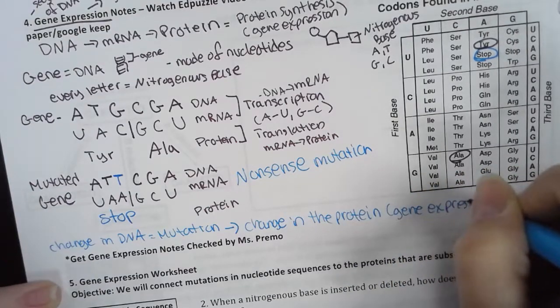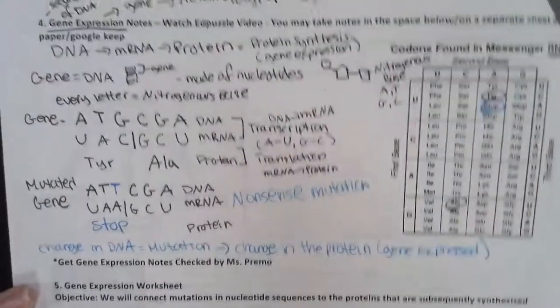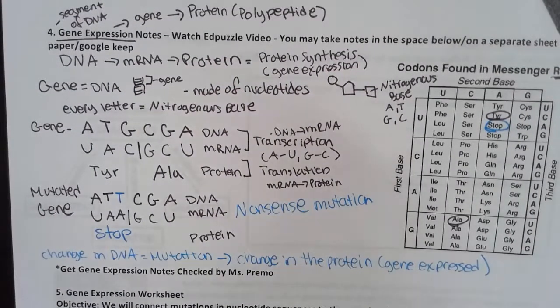Now I want you to imagine, remember that there were two processes that we talked about, mitosis and meiosis. So if this were to happen in mitosis, that means that I'm dividing regular cells. So if I'm changing in mitosis, remember I have like 37 trillion cells in my body.